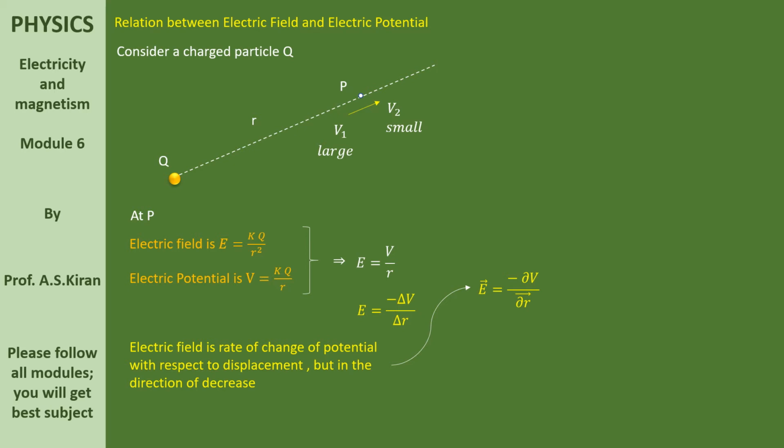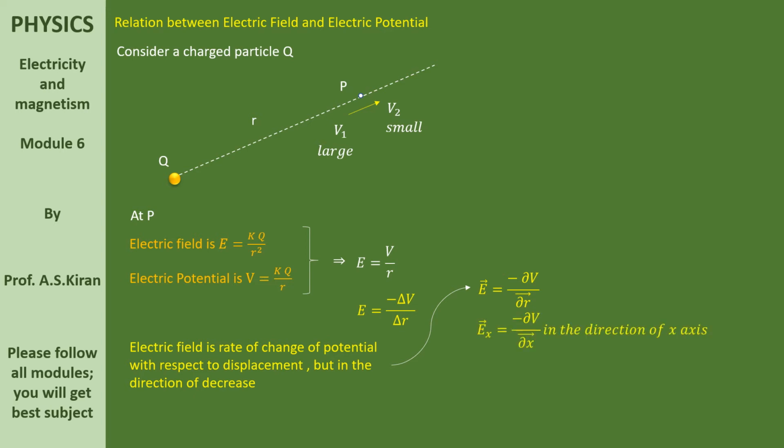So please remember, at any location, the electric field is the rate of change of potential with respect to R, but with a minus sign. This minus sign indicates the electric field is in the direction of decrease in the potential.